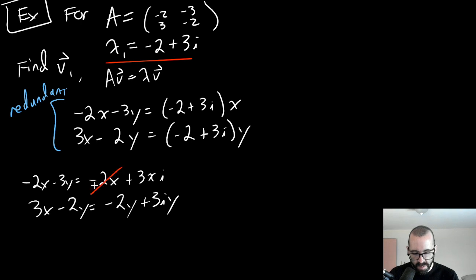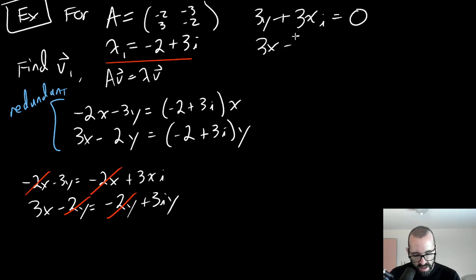Notice, add a 2x to both sides, they cancel. Add a 2y to both sides, they cancel. So what does our equation become? Well, this first equation just becomes 3xi, sorry, let's add 3y to both sides, equals 0. And the other one becomes 3x minus 3iy equals 0.